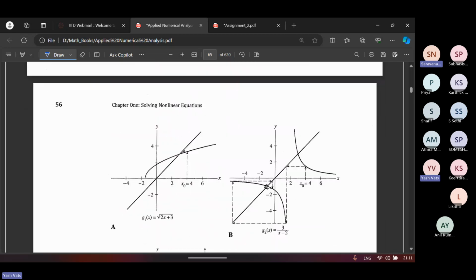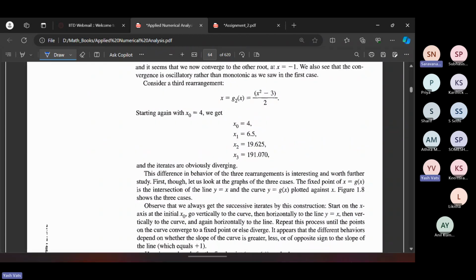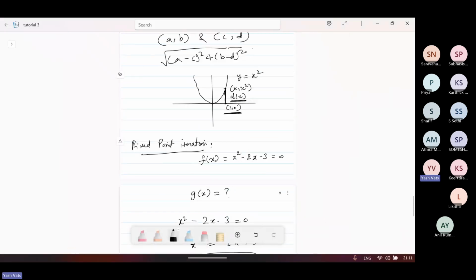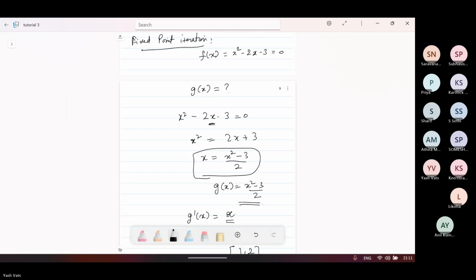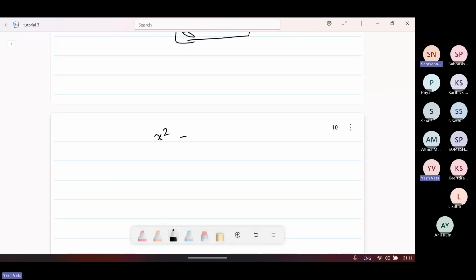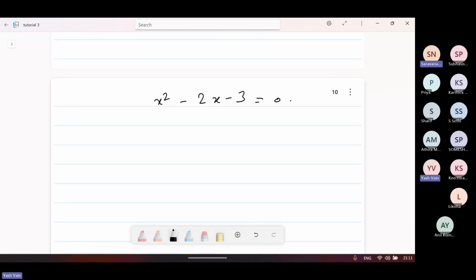So there are other possible rearrangements of g as well. What is another value of g? Again, I write x square minus 2x minus 3. So what is the g now? Square root of 2x plus 3.